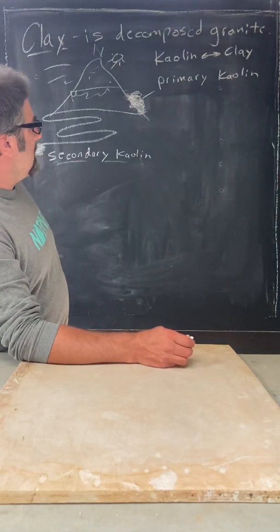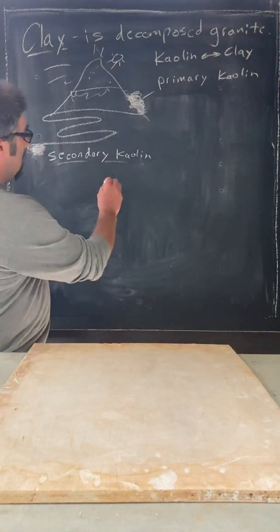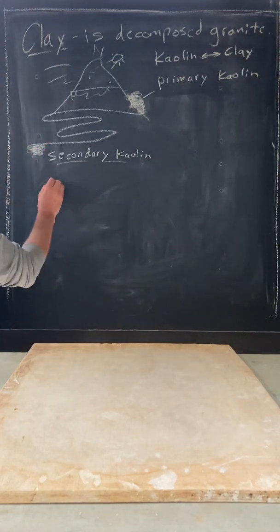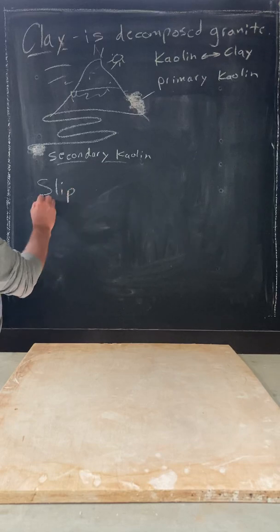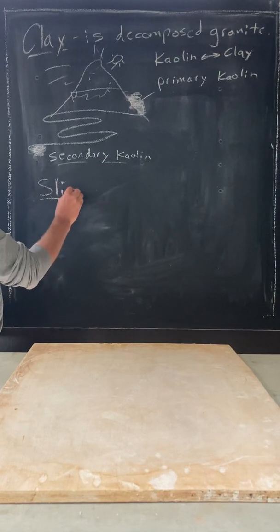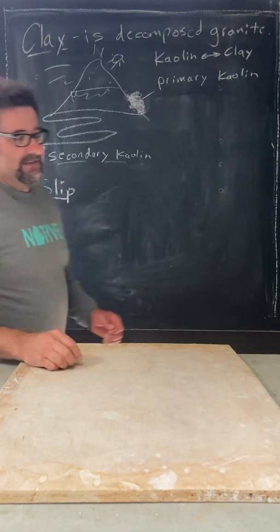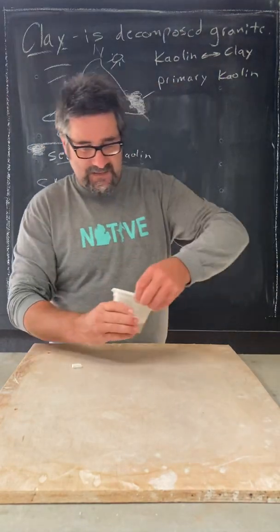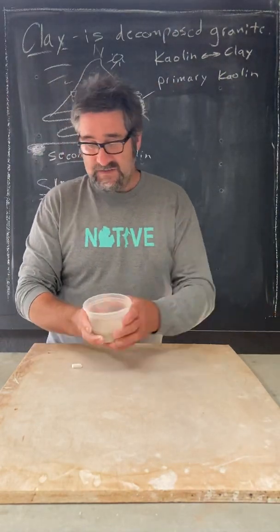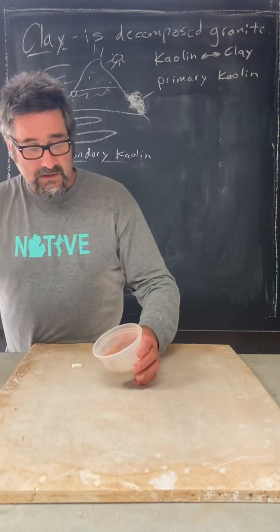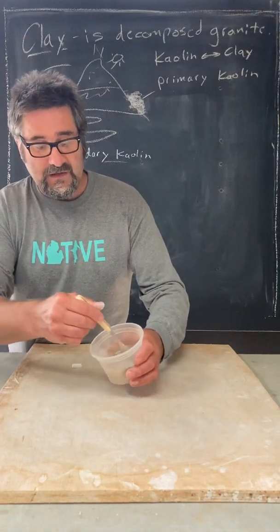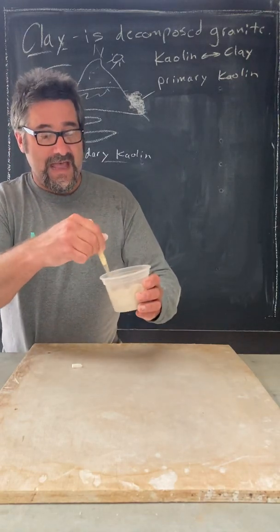So now talking about clay stages. The first stage of clay that we're going to talk about is called slip. That's a really wet clay, a liquid clay basically. So here I have my lidded container, and you can see inside it's liquidy, right? So that is slip.